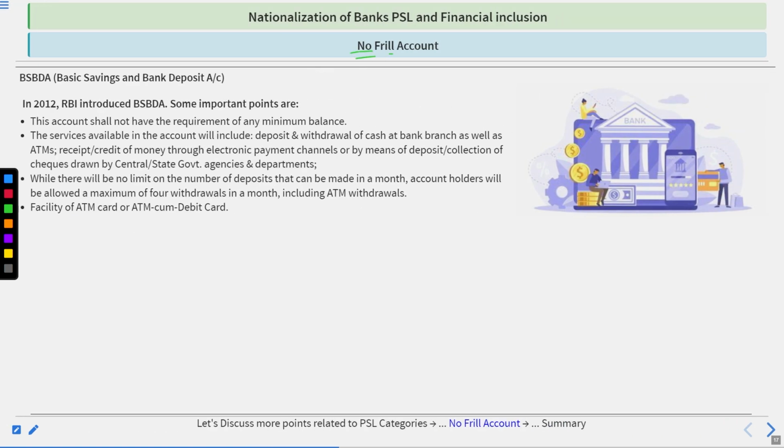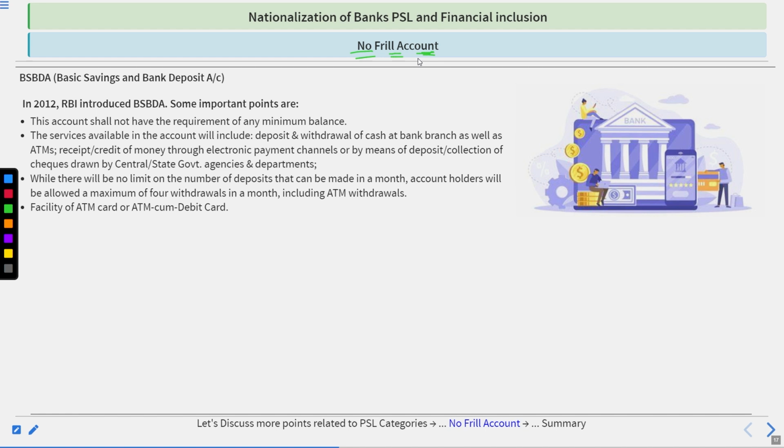Now, what do you mean by the no frills account? So generally, whenever you go to the bank and open your account, what do they generally ask for? Almost in every bank, you are asked to maintain some minimum balance in your account. Mostly in private sector banks, it is 10,000 rupees. At any time, you are required to maintain 10,000 rupees balance in your account.